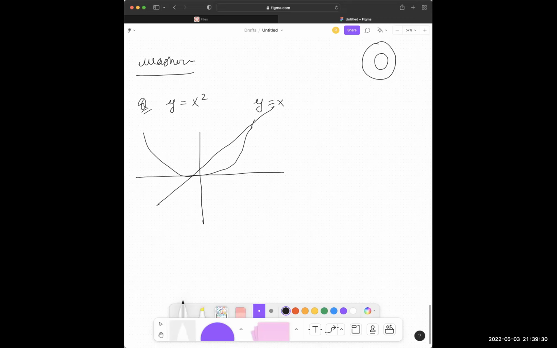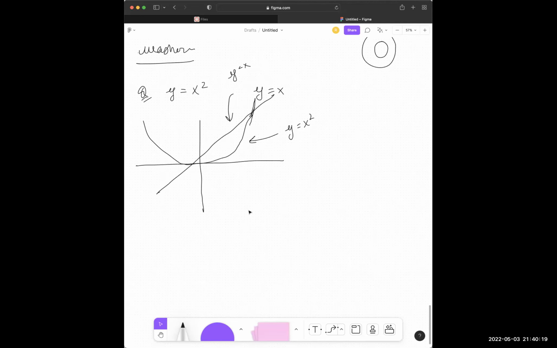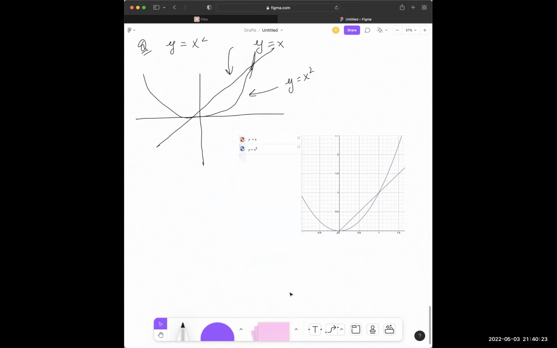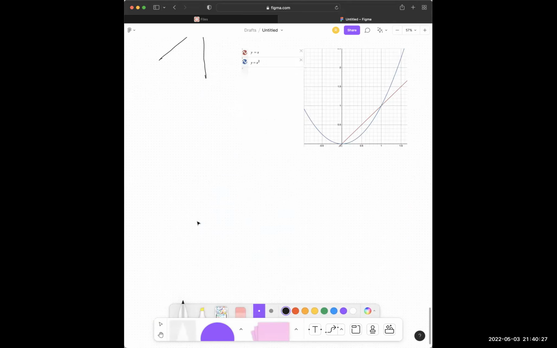So this curve up here is y equals x, and this curve below is y equals x squared. You can, of course, figure this out by looking at Desmos, perhaps. In fact, if anything, this should suffice. And the idea here is that we rotate this around the x-axis.